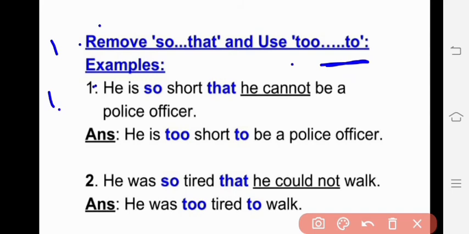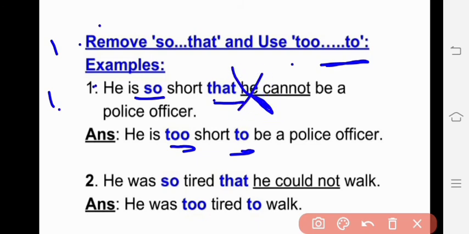But how? You have to follow some rules. Just replace so with too, that with to, and you have to cross out the pronoun.